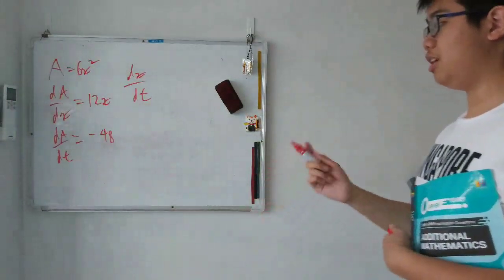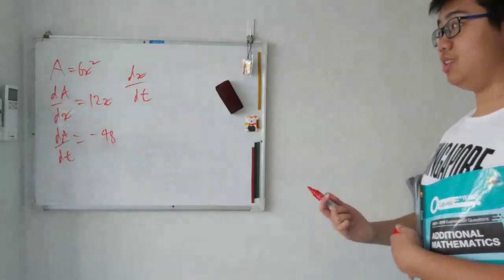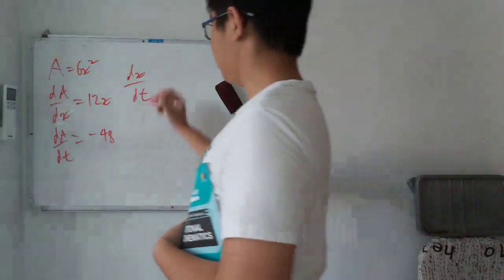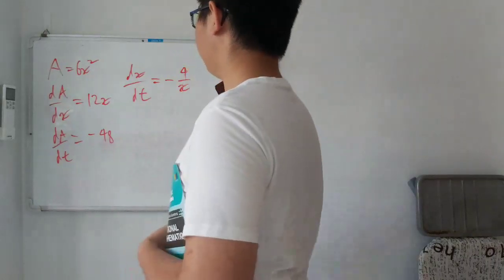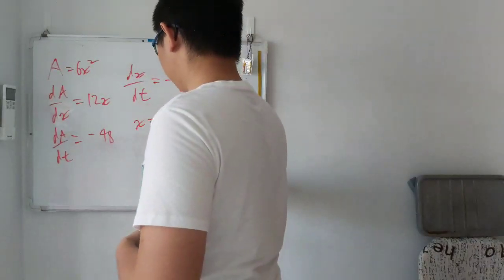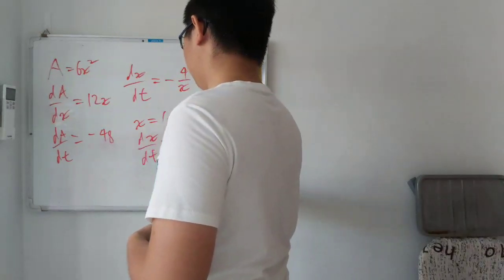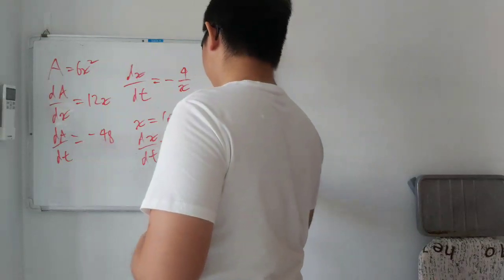So we have dA over dt times dx over dA, and that's dx/dt. But this is the reciprocal of that, so we might as well just divide. So this will become negative 4 over x. And when x equals 10, dx/dt is equal to negative 0.4 cm per second.